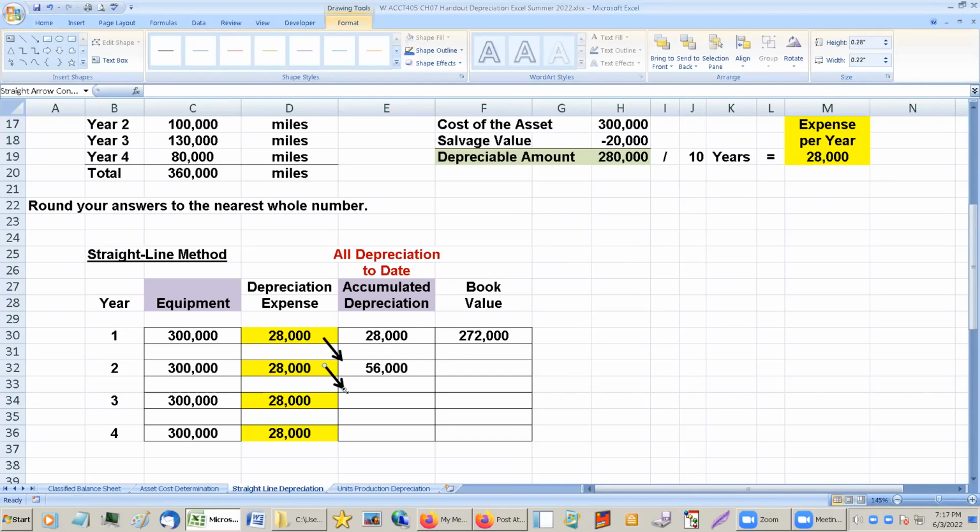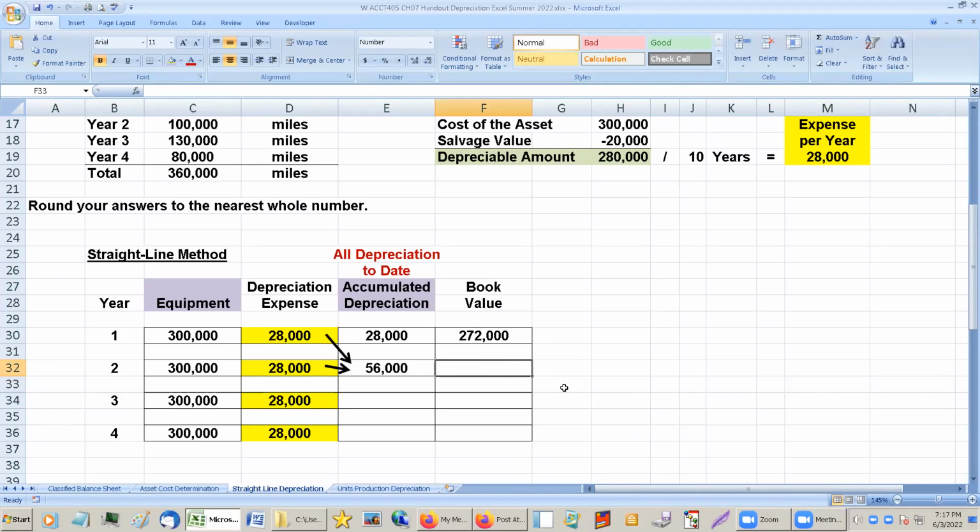So both of these together is all the depreciation to date. Let's take 300,000 minus that. The third year, we've already guessed, is all three of them together.